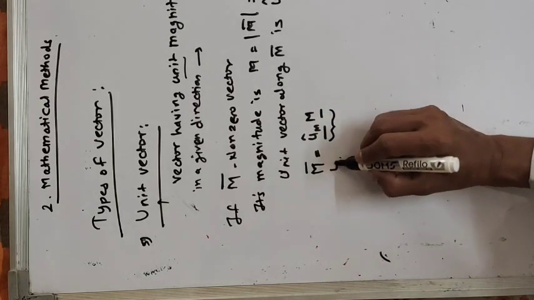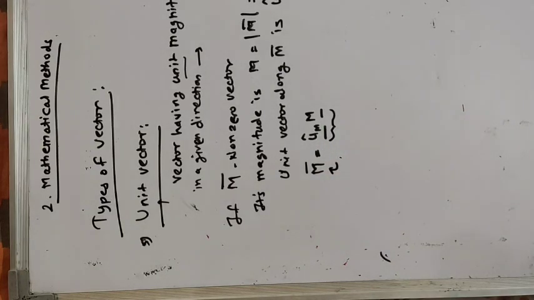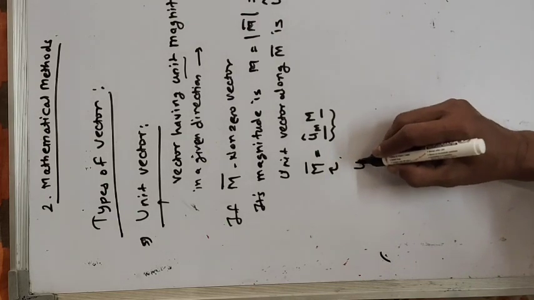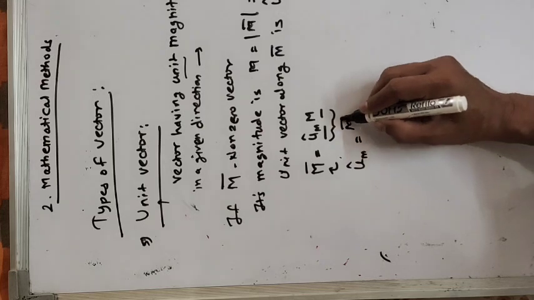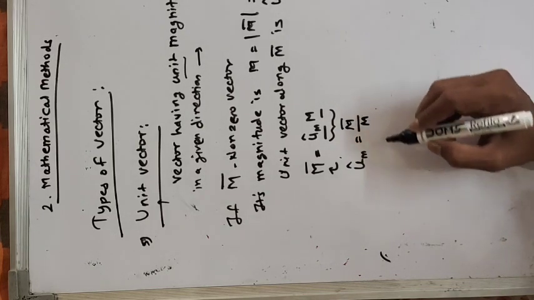Combining these two gives you the exact idea about the given vector. This unit vector always gives the direction of the given vector. So again we can write the formula for the unit vector: m cap is m bar upon m.